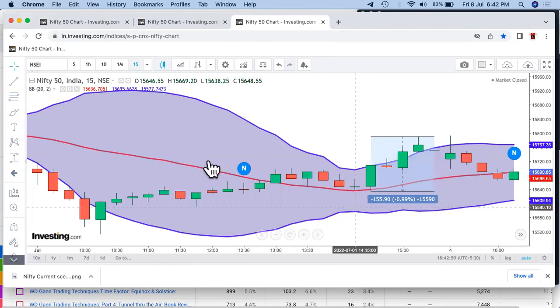See the median over here, the median values have been given. At this point my median, the red line, was 15,636, and over here it comes to 15,640. Over here, yes, it was in a downtrend, so the trend was negative as per the moving average.